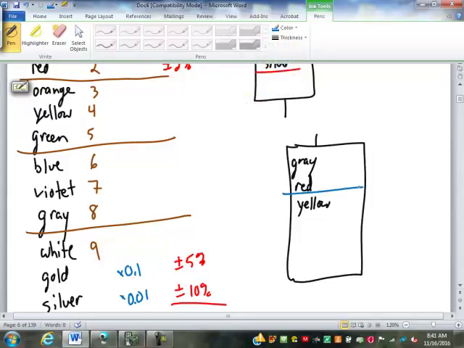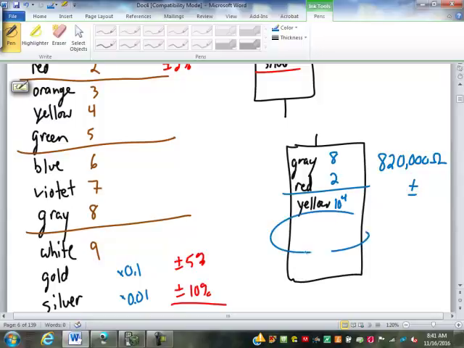What does gray stand for? Red, 2, and yellow, 4. So it's 10 to the 4th, or 4 zeros. So it's 82 followed by 4 zeros. 820,000 ohms. What's the plus or minus?